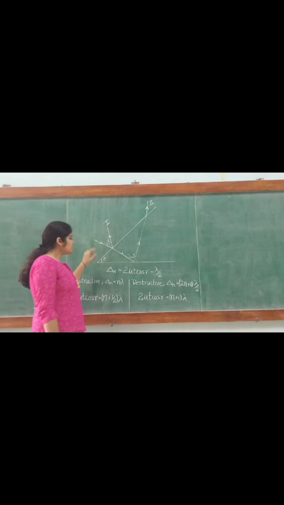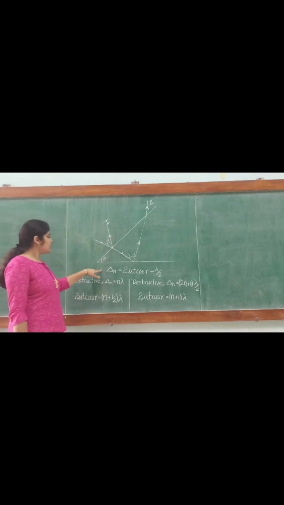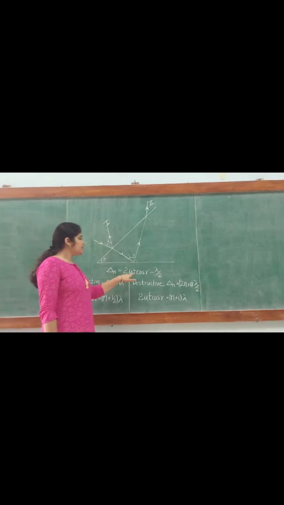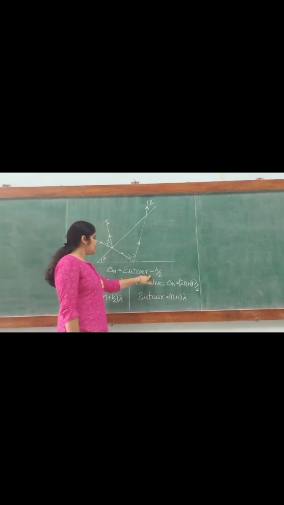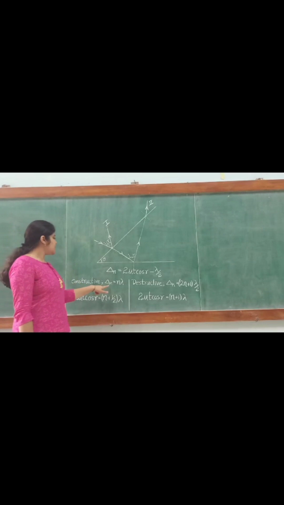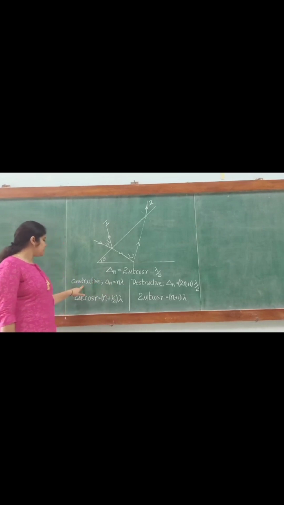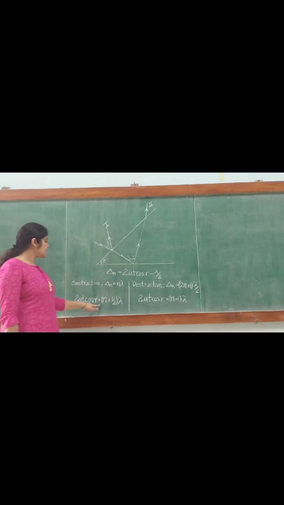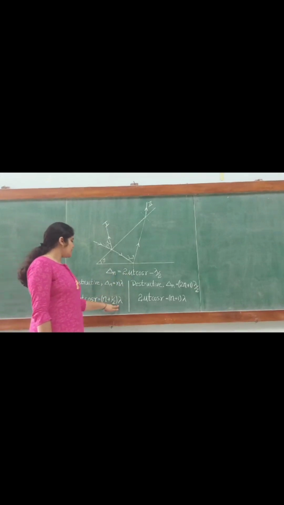We have the condition for path difference, delta is equal to 2 mu t cos r minus lambda by 2, for interference in parallel films. Also we know delta is n lambda for constructive interference. Equating these two, we get 2 mu t cos r is equal to (n plus half) lambda.